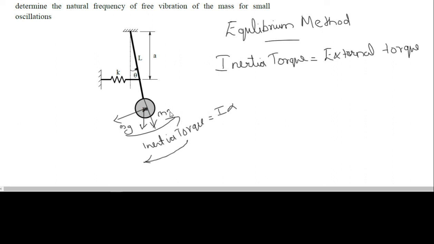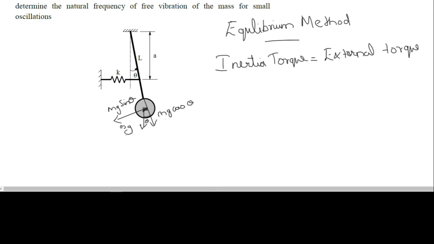This will be mg cos theta, this will be theta, and this will be mg sin theta. Since the cos theta component is acting along the line of action of the string, it will not generate any external torque. So we will only consider the mg sin theta component.